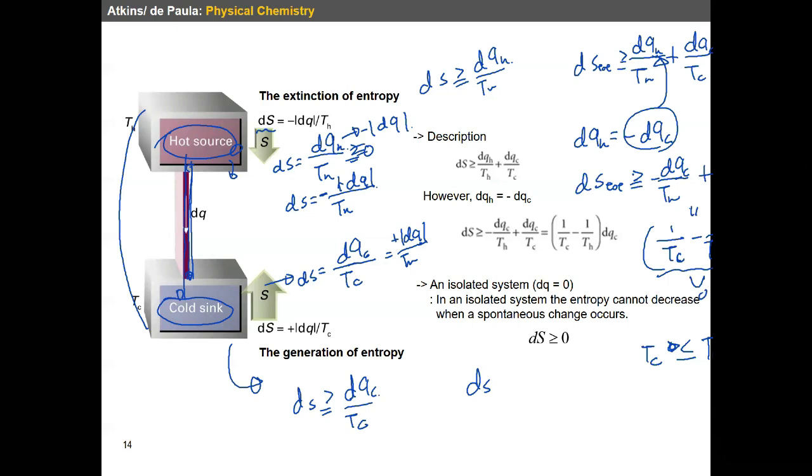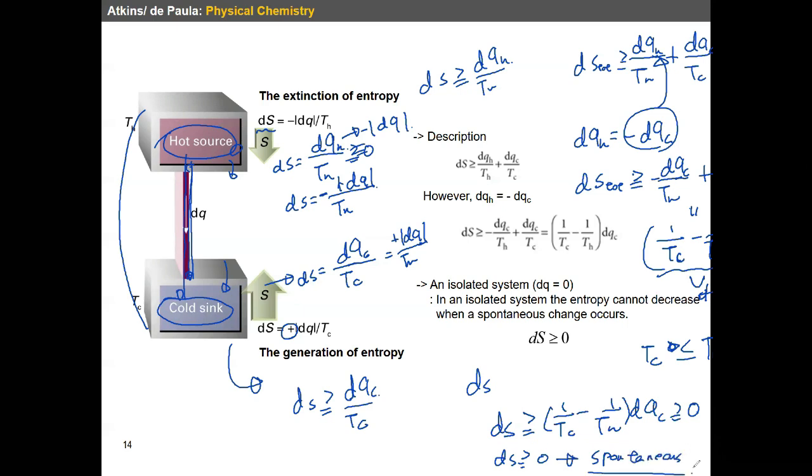And Qc is also positive because it's the absorbed heat, so this is also positive. So this is larger than 0, that means dS is greater than 0, and this is a spontaneous system, a spontaneous reaction.